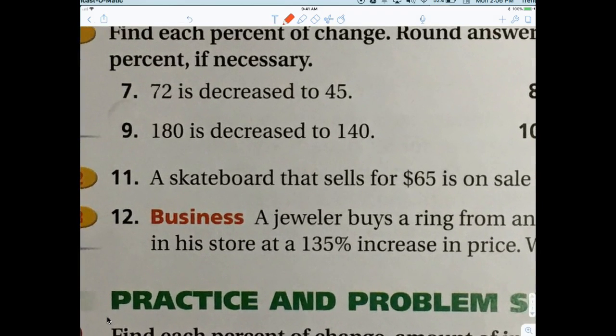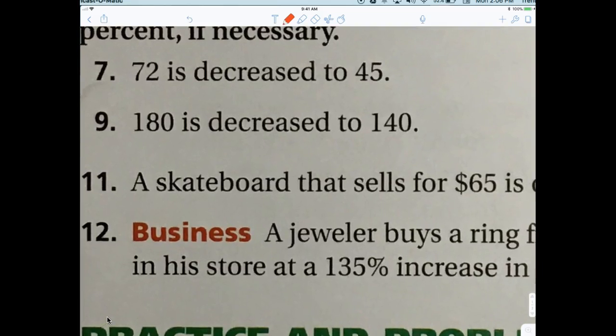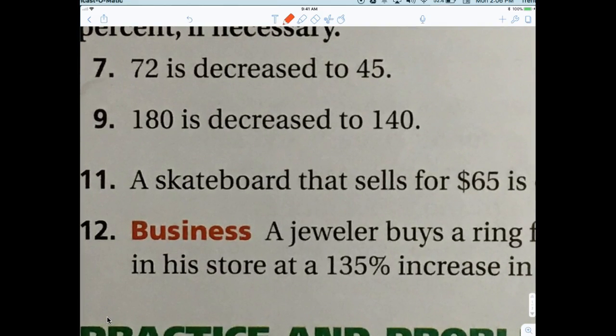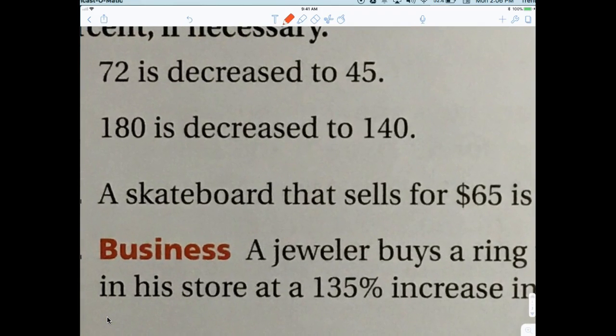72 is decreased to 45. Sunshine, how do I do that? Eight's not here, so you're the only sunshine. What do I have to do? Tell me what to do first. 72 minus 45, what is that? Over what?